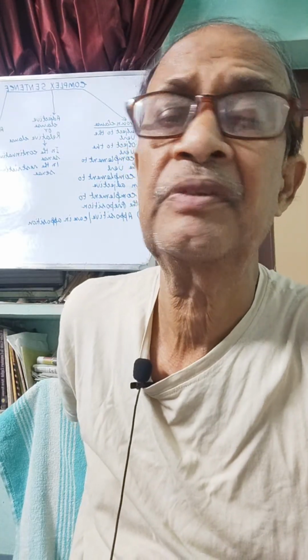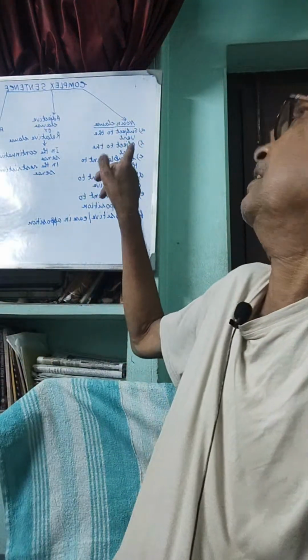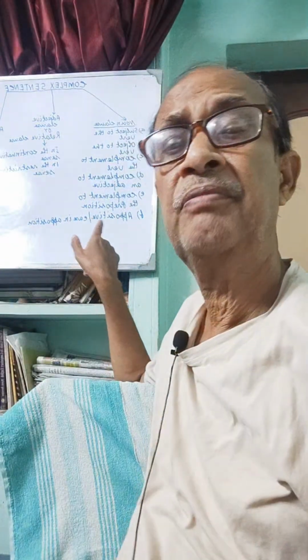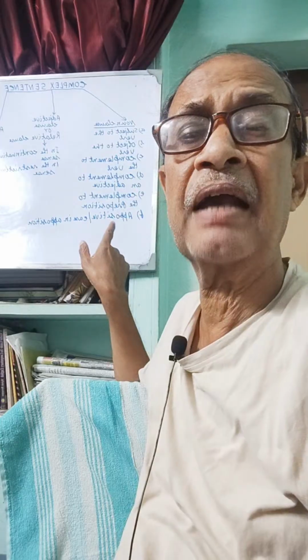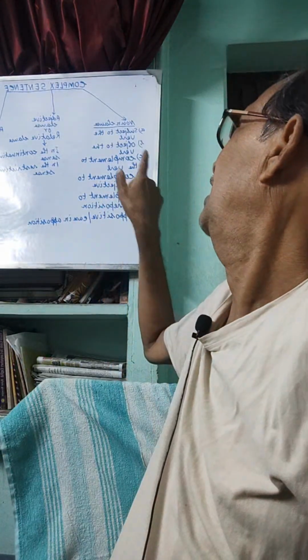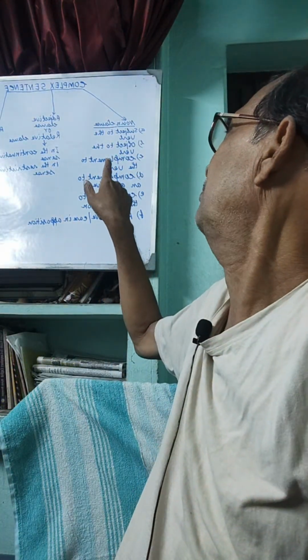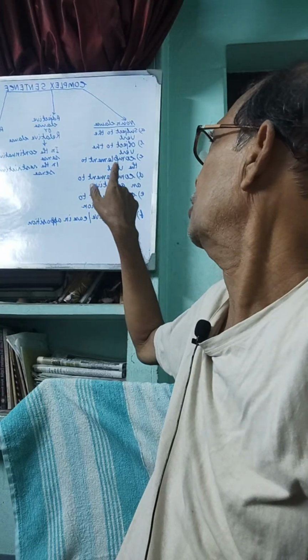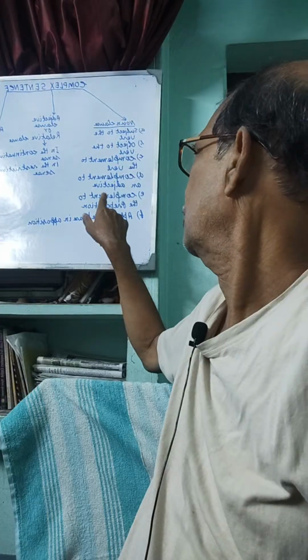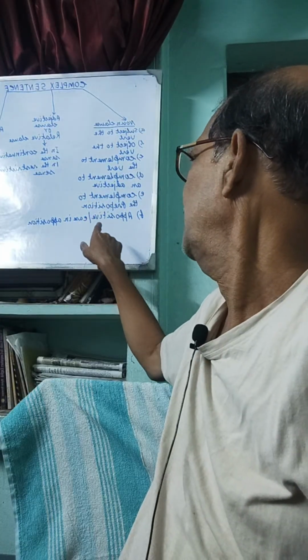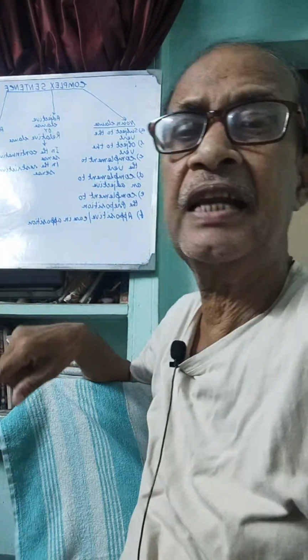For example, you see that I have written on the board, I have made a lesson plan on the blackboard. Noun clause: subject to the verb, object to the verb, complement to the verb, complement to the adjective, complement to the preposition, appositive, that is case in apposition.